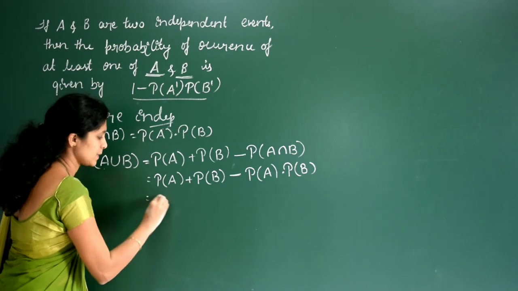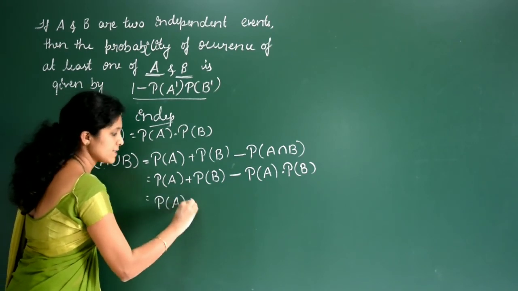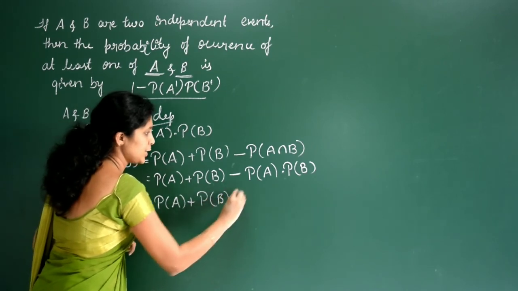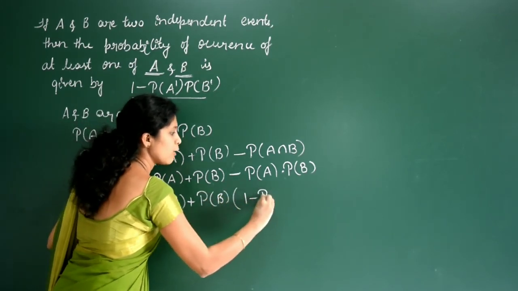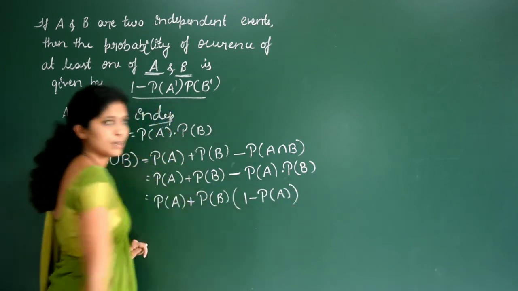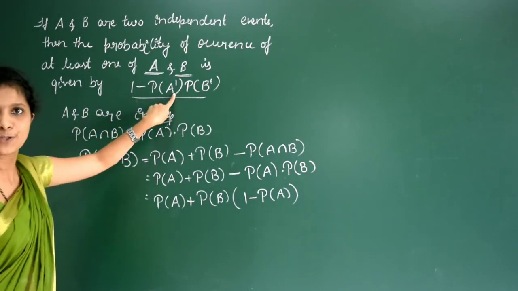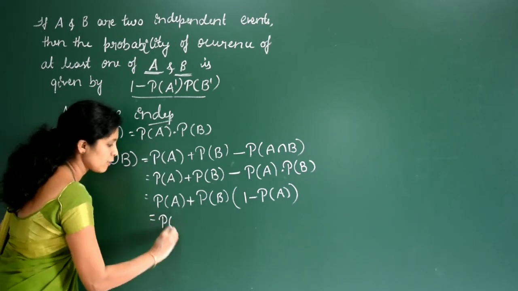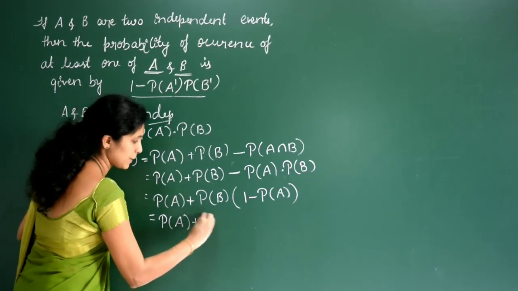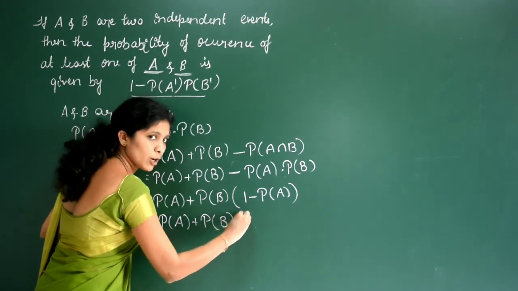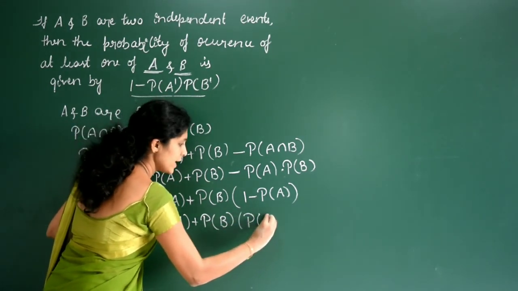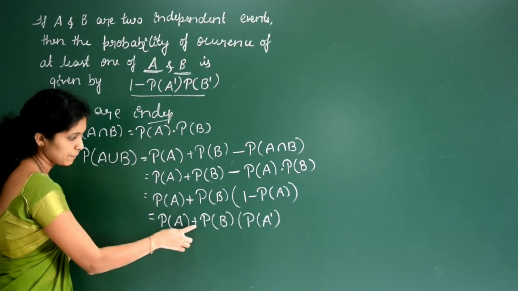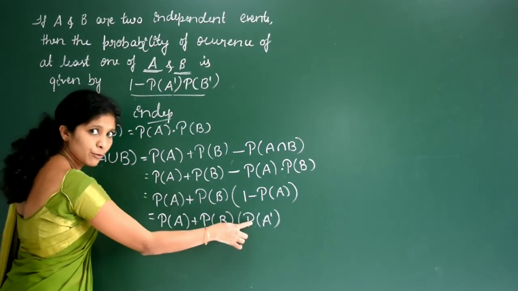Now here P of A is as it is, and plus here P of B is there, we will take out P of B into 1 minus P of A. One more thing you have to observe: everything should be in the dash form, so we will convert those things. So this is equal to P of A plus P of B into 1 minus P of A, which is equal to P of A dash.